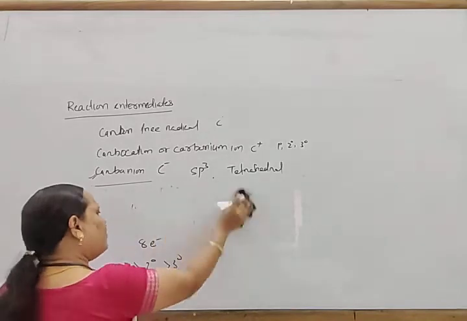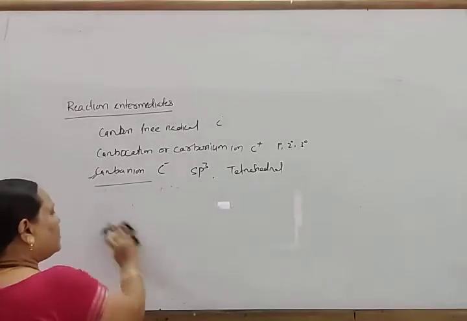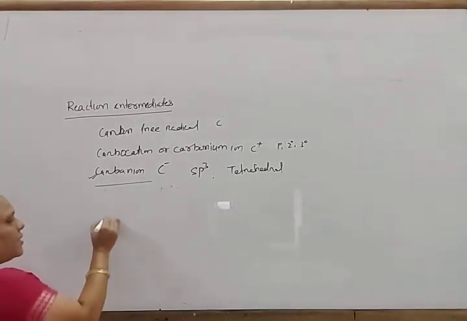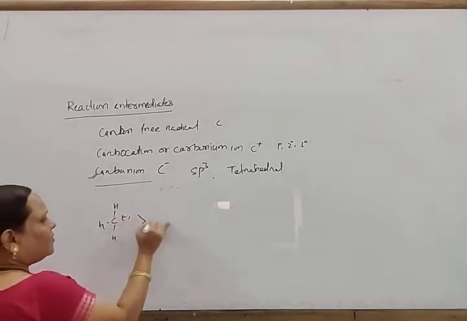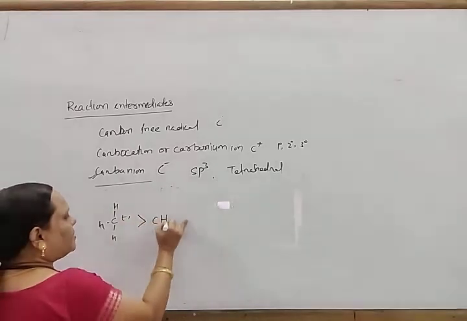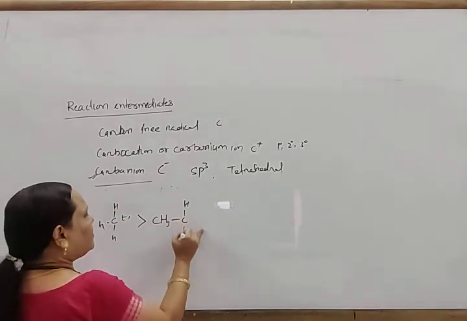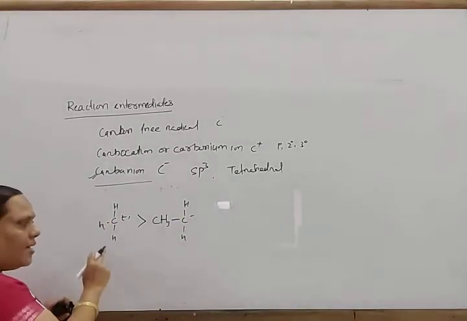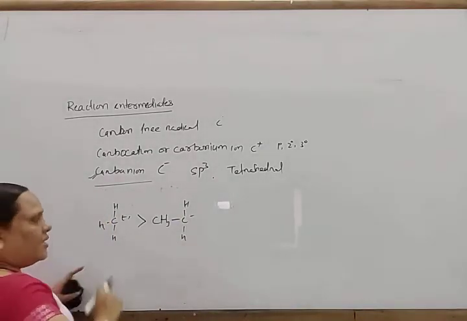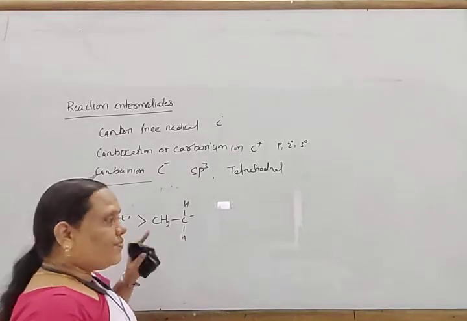So when we consider the stability order, we can write CH3 minus, this is more stable than CH3CH2 minus. This is primary. Among the primary, methyl carbanion is more stable than this.